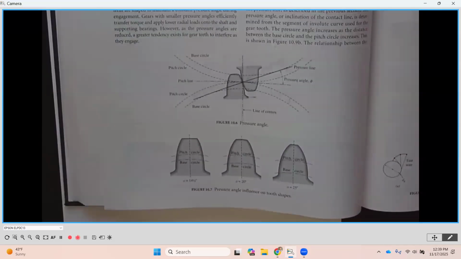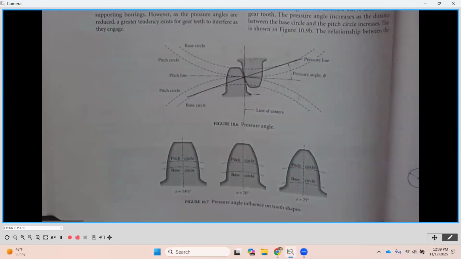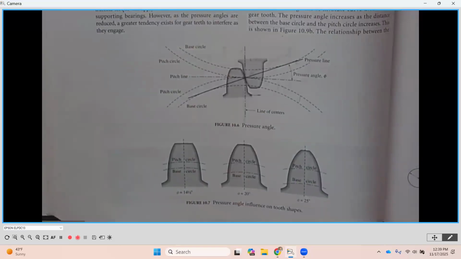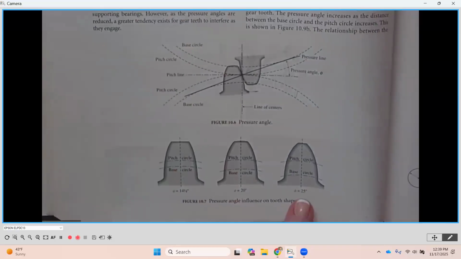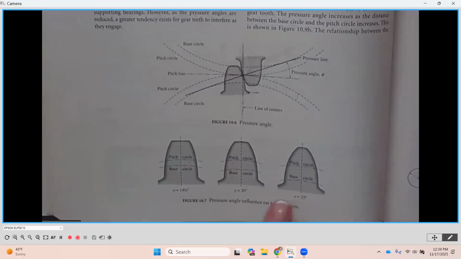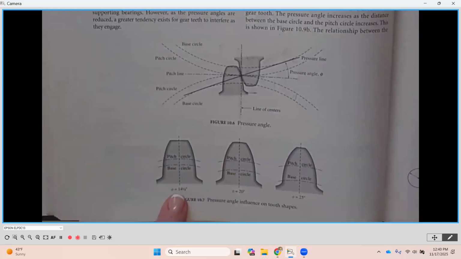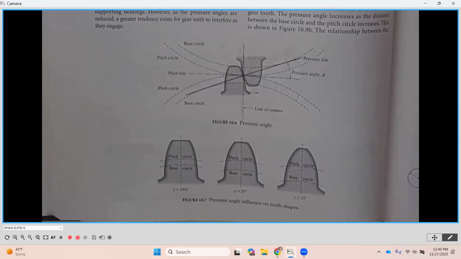The other one that we can specify for brand new gears is 25, and you'll notice that the profile of the gear tooth is a little bit different. We'll talk about how it changes from one gear to another in just a bit. But then there's a third one, over on the left here. This is a 14.5-degree pressure angle.